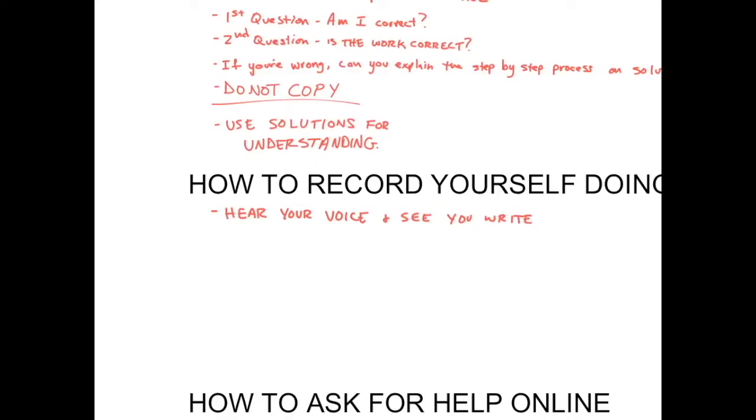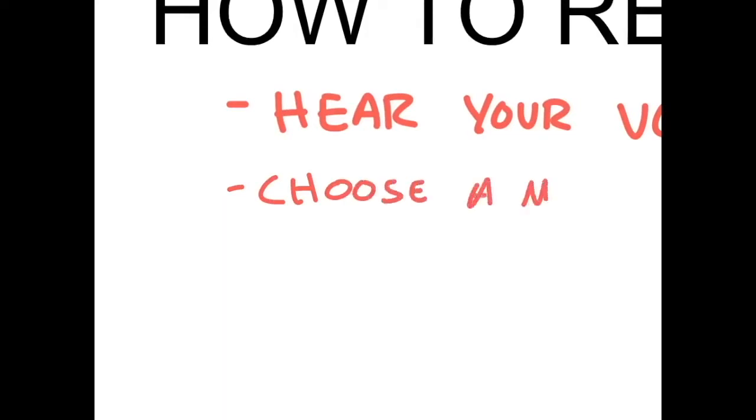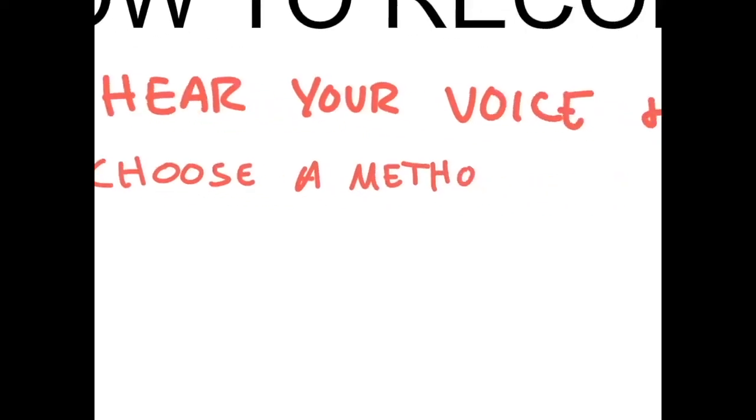Now, in order to record yourself, you have to choose a method of recording that works for you, okay? What I use, guys, is an iPad, and a software called Explain Everything.